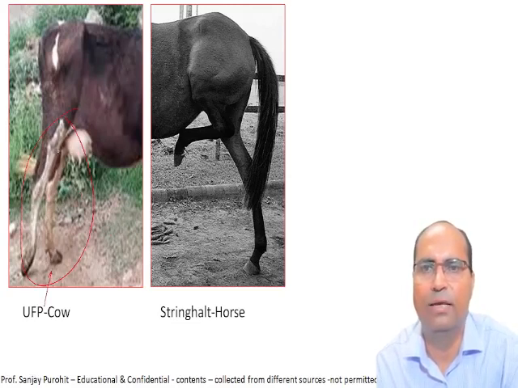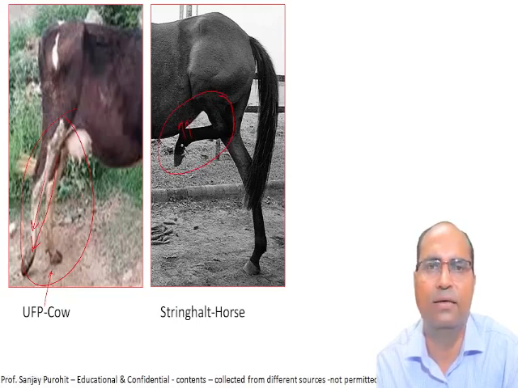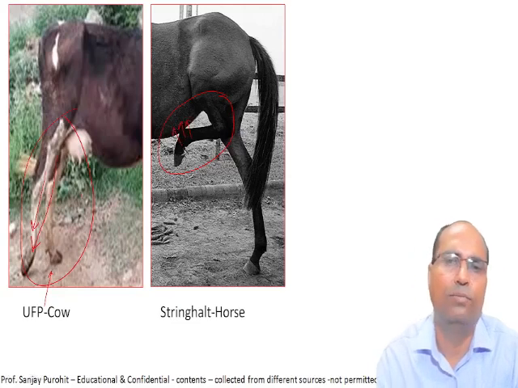The limb is in over extension, while in case of Stringhalt, the limb is in over flexion, and the anterior aspect of the fetlock joint generally hits the belly of the abdomen.